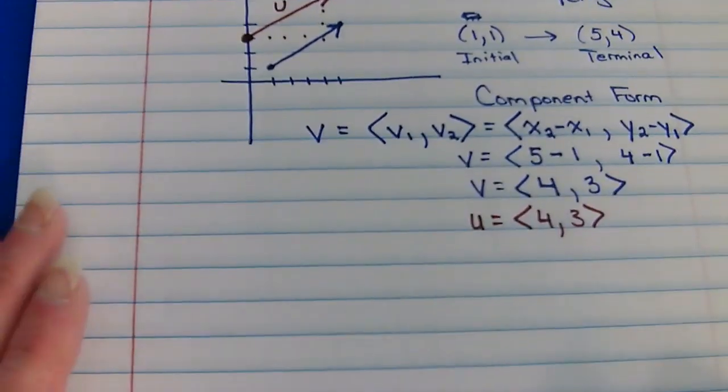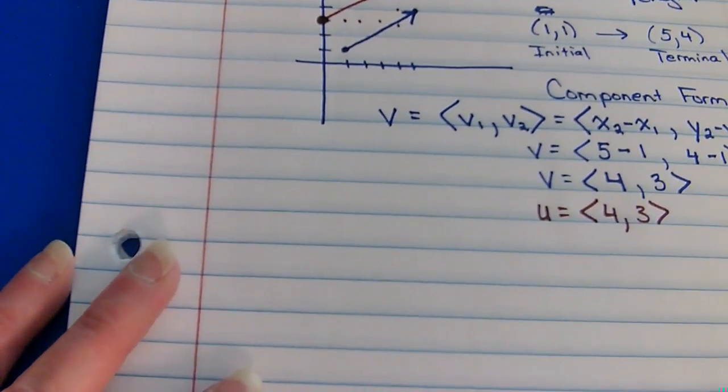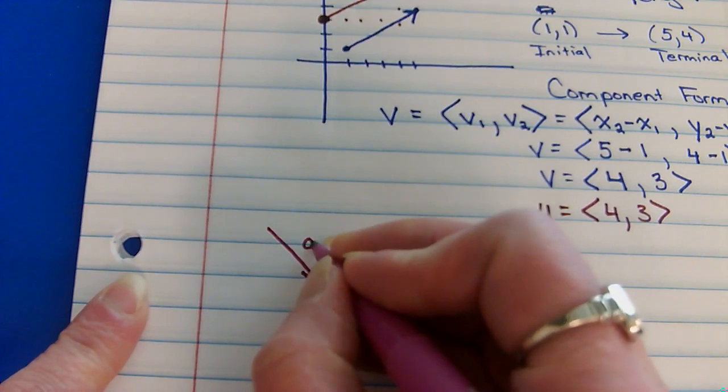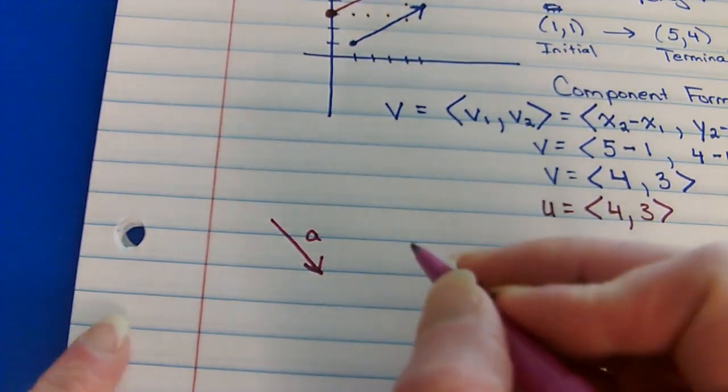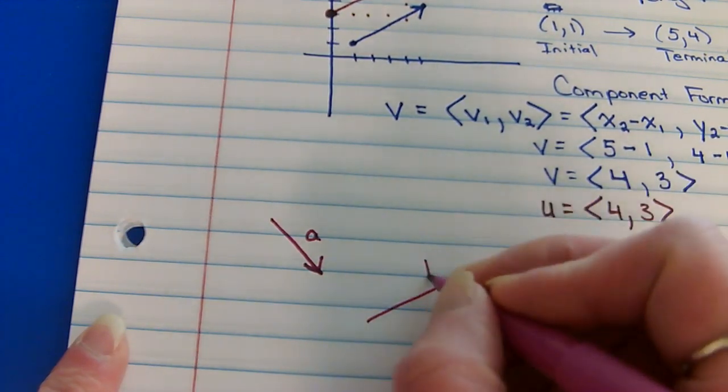Now how would we combine two vectors? So I have vector A going downhill. Let's make vector A be like that. And vector B is doing this.